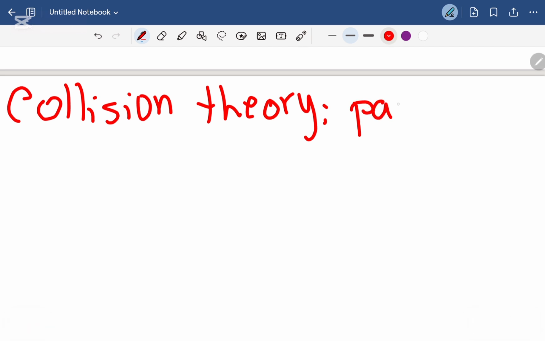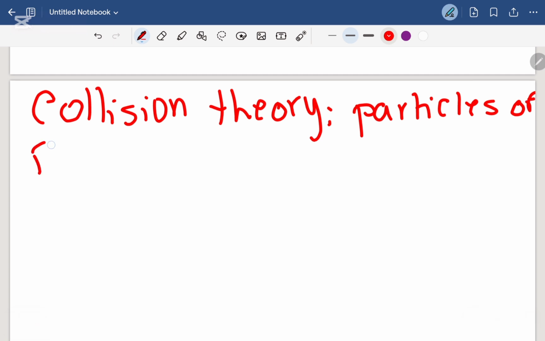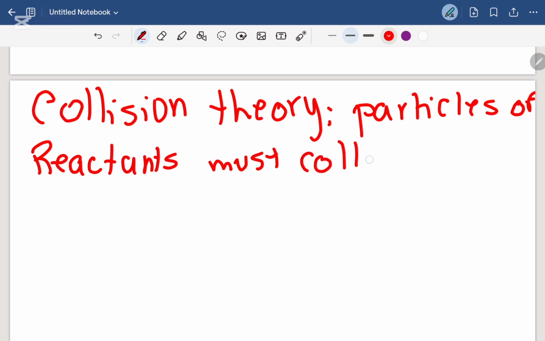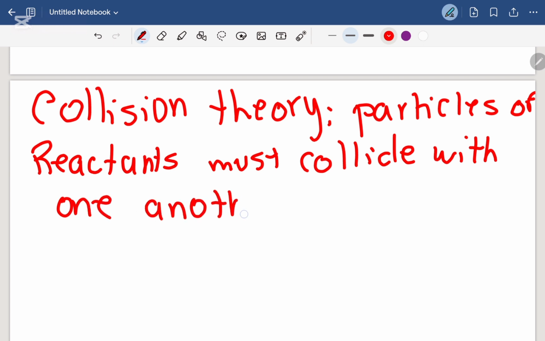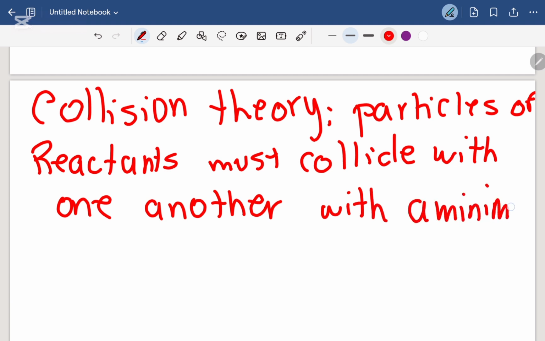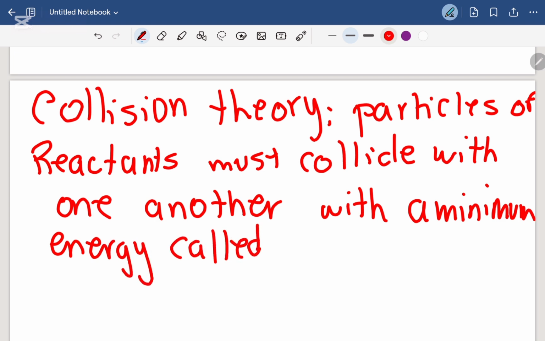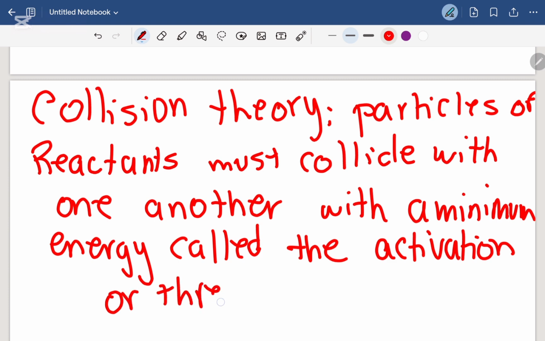So it is the particles of reactants must collide with one another with a minimum energy called the activation or threshold energy.